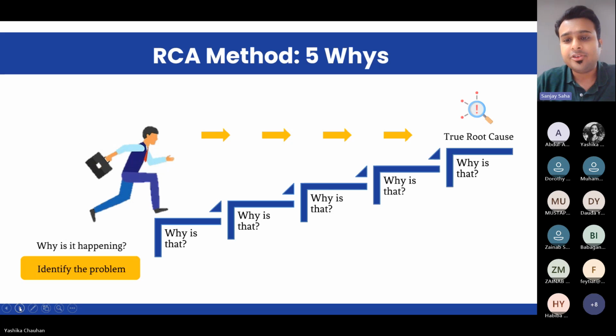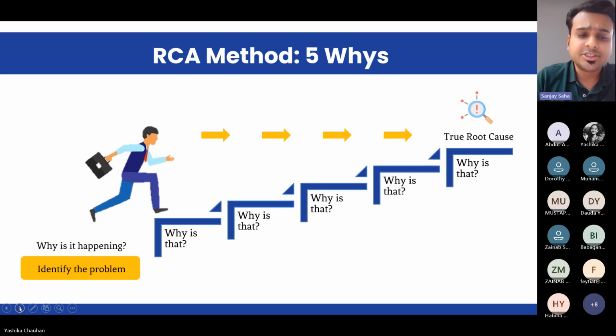So the 5 whys is, I would say, one of the simpler root cause methodologies. It offers very simple root cause methodology where we ask a question of why multiple times to uncover the root cause, or a cause which seems to be resulting in that problem, or the symptoms that you are seeing.